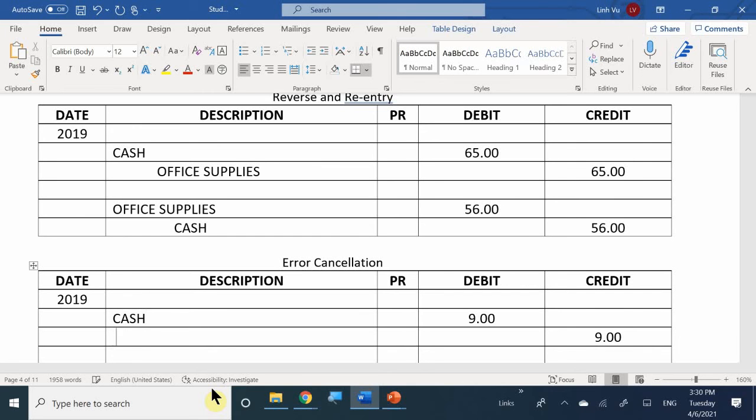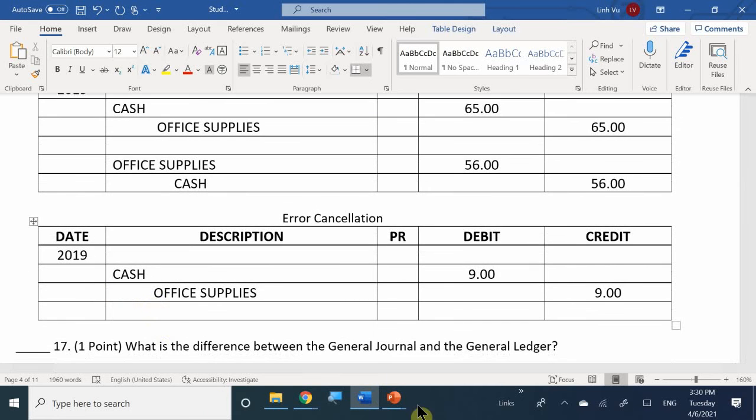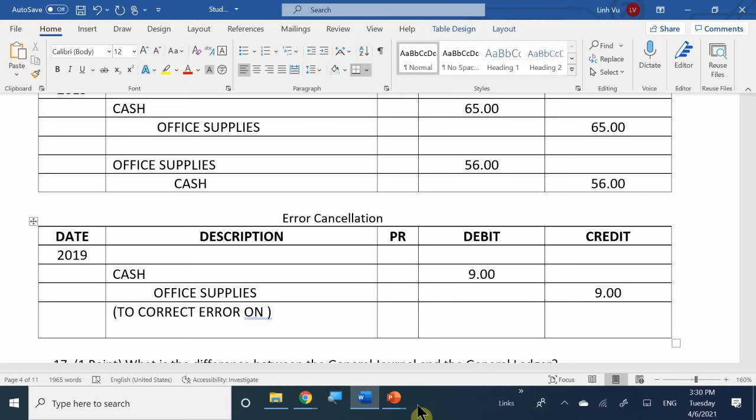Cash, and yeah, office supplies, you'll do the credit and then put a little note for the adjustment entry on whenever the date was, right? Yes. So, yes, that's correct.